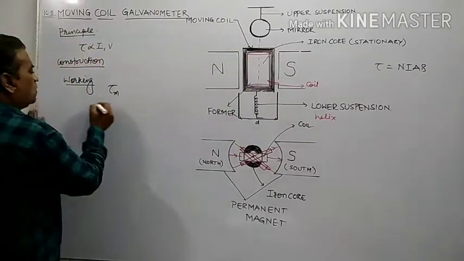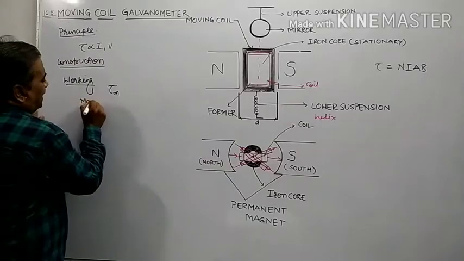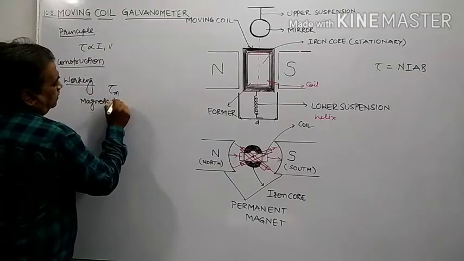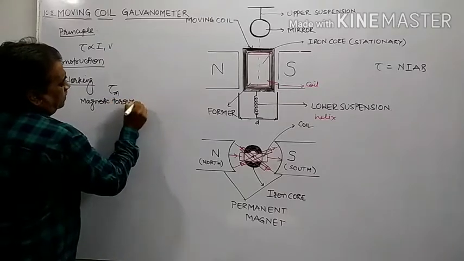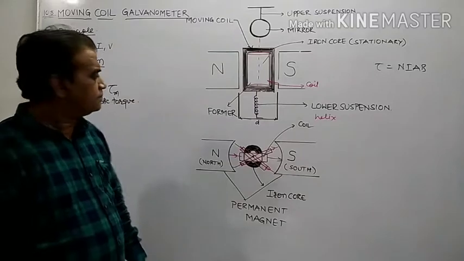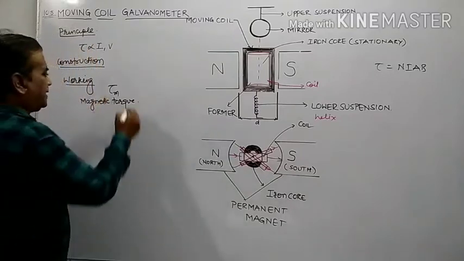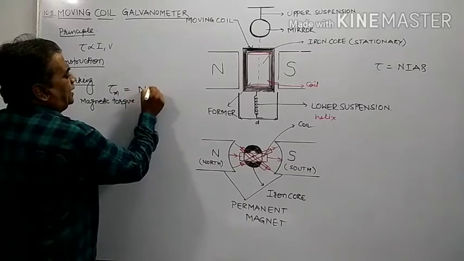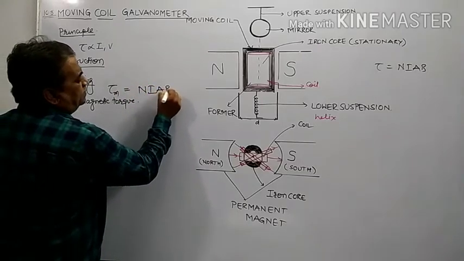That torque is known as magnetic torque, and it is given by the formula NIAB.